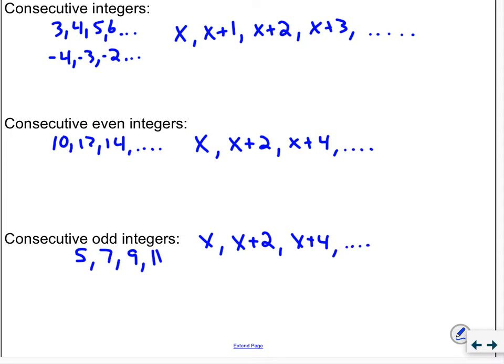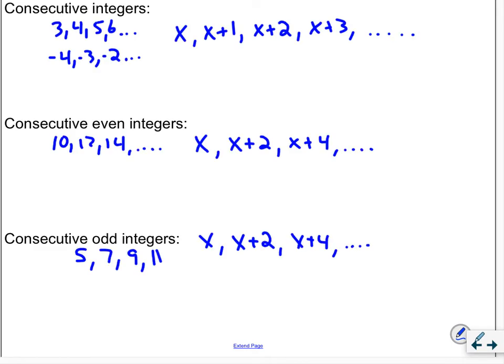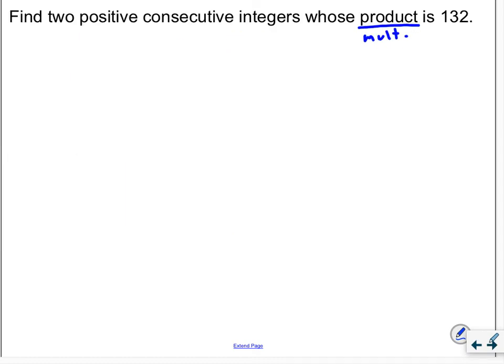So let's use a consecutive integer problem in here. Let's say we want to find two positive consecutive integers whose product, ooh, here's another good word, product. Product is when you multiply. So we've got to multiply things together. If I remember from before, consecutive integers were like x and x plus 1 and x plus 2 and x plus 3.